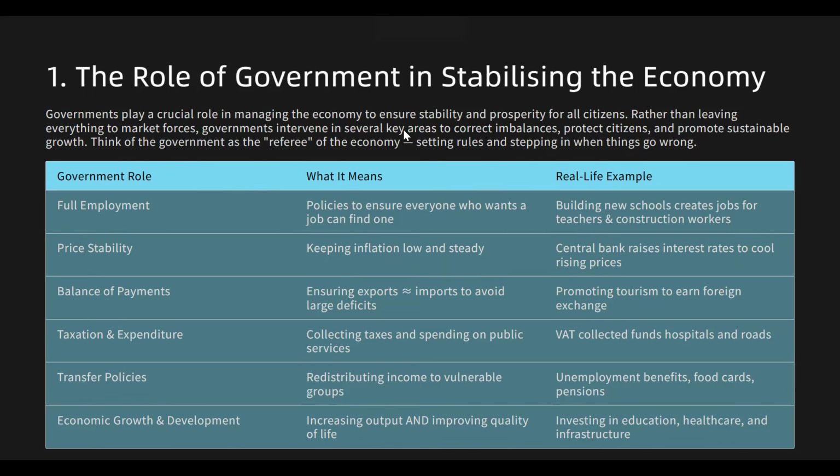So one of the roles is to attempt to have full employment. So everybody who wants to work should be able to get a job. In order to do that, we need to have job opportunities and we need to have persons who are qualified to get those job opportunities.